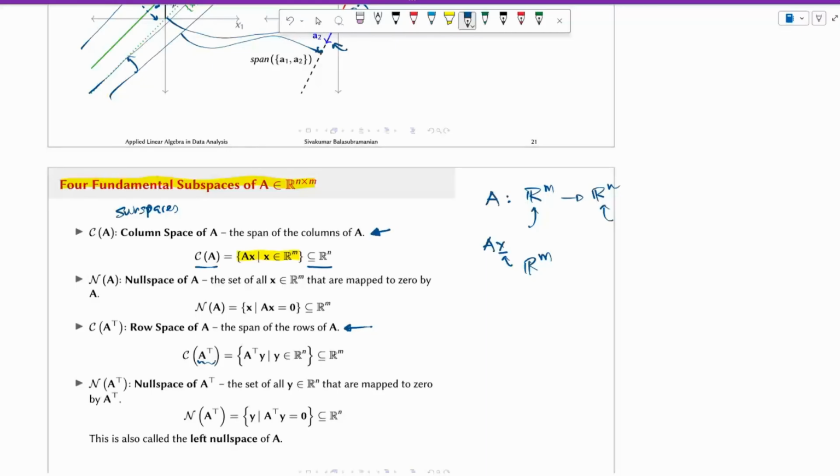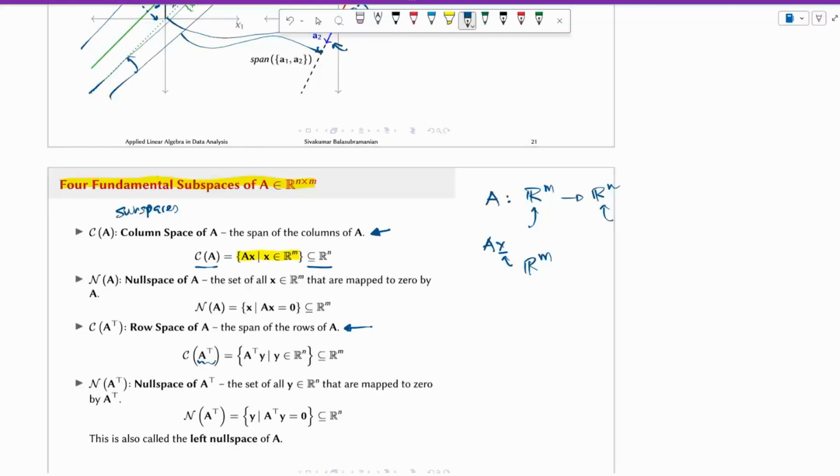But notice here that Y comes from Rn because you've transposed it. A was n cross m, A transpose is m cross n. So if you take the linear combinations of rows of A, right?